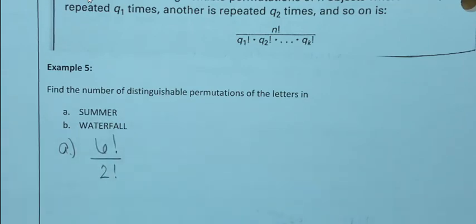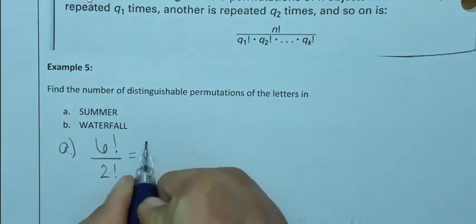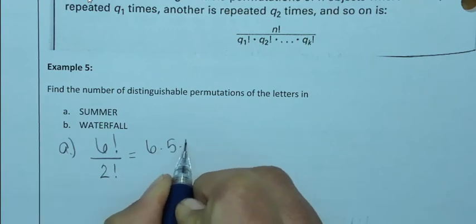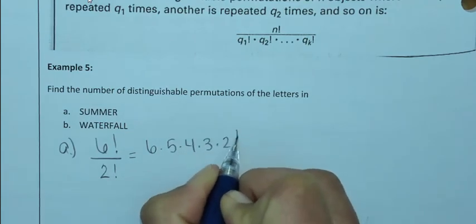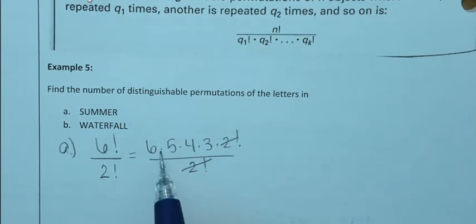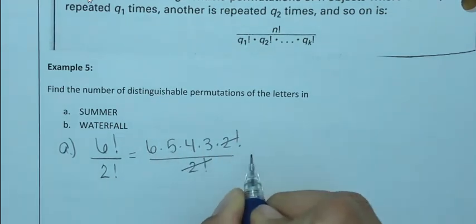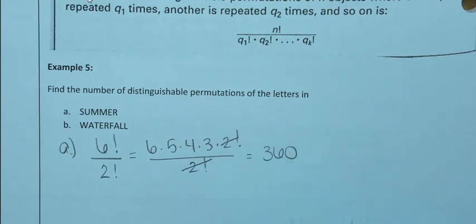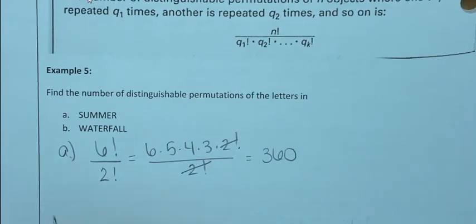So I'll divide by that 2 factorial. Okay, and you can do this in the calculator. You can simplify it first. It's up to you. The 2 factorials go away. I've really got 30 times 12, which is 360 possible combinations.